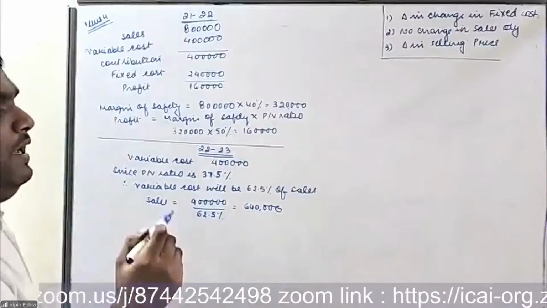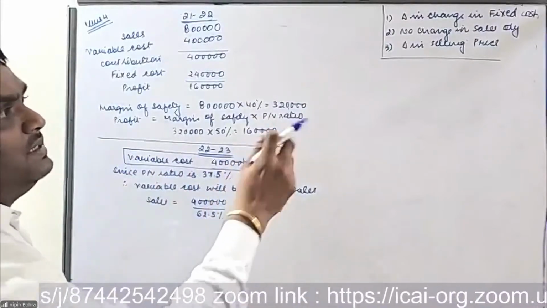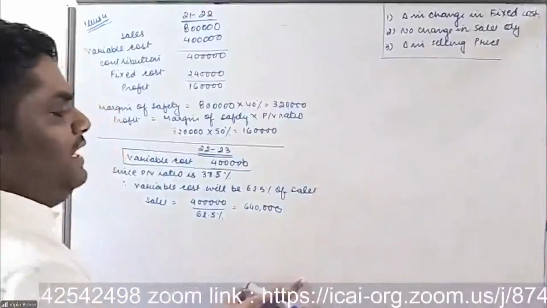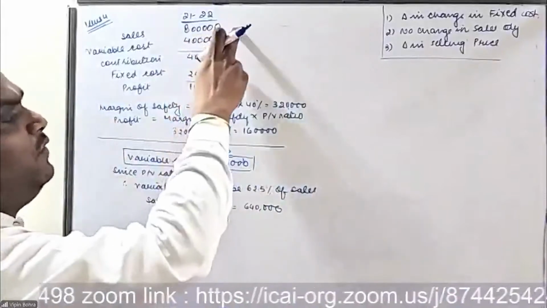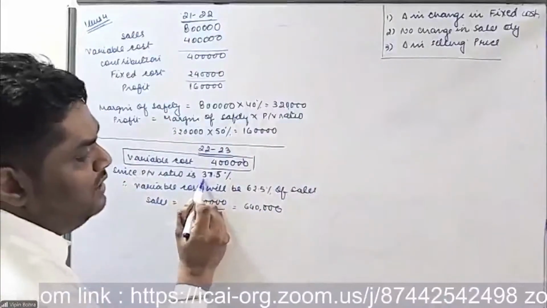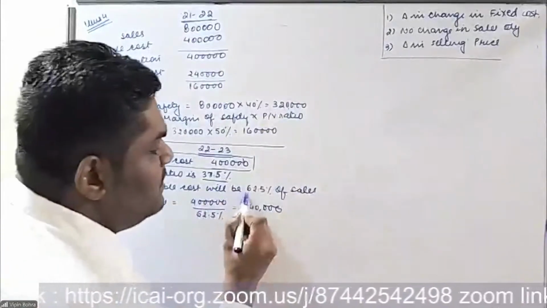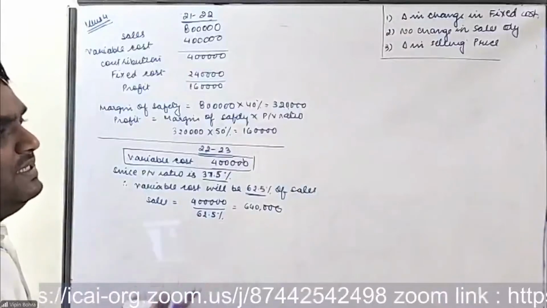Very important point, guys. This part is the key of this question, wherein since there is no change in sales quantity, there is a change in selling price. Therefore, the variable cost will be constant for 21-22 and 22-23. So my sales will be 6,40,000.